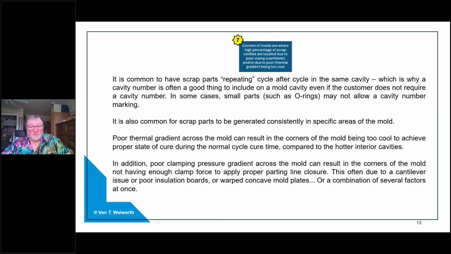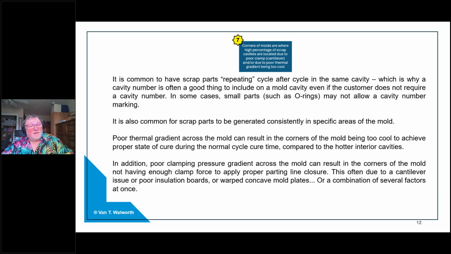Many transfer molds work better if the pot is round, something similar to the diameter of the circle of the ram. Transfer molds don't work as well when you make them rectangular and square, and even if you put rounded corners in them, they don't work as well. There are issues, there are problems, and if you have a compression mold and you've got the square mold and you run cavities all the way out to those corners, there's usually problems out there.